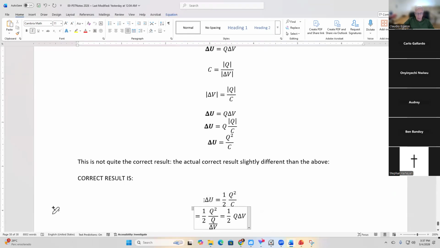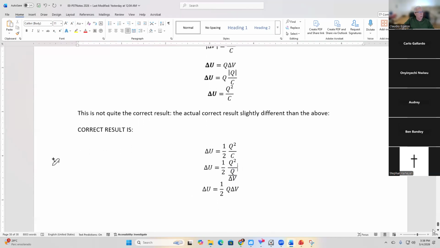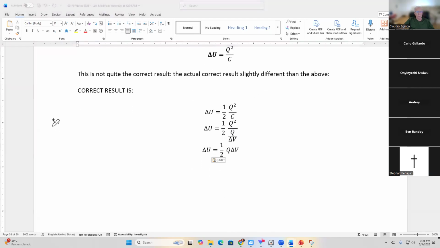Which can be written in three different ways. It can be written in terms of Q squared over C. Then we can substitute C in terms of its own definition, and we get half Q delta V. And there is one more way of rewriting it.